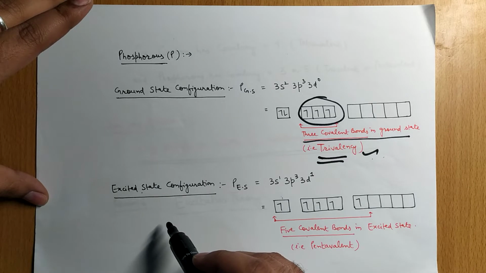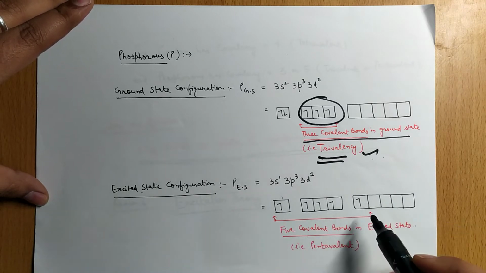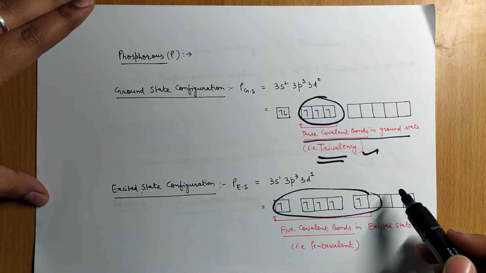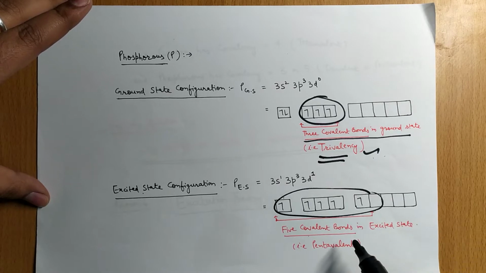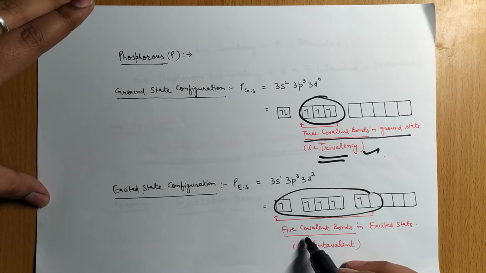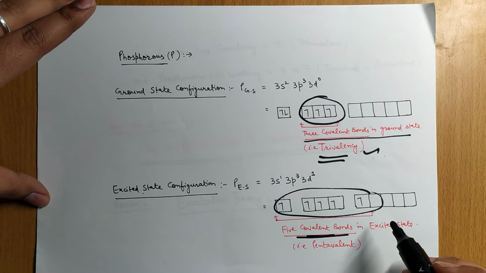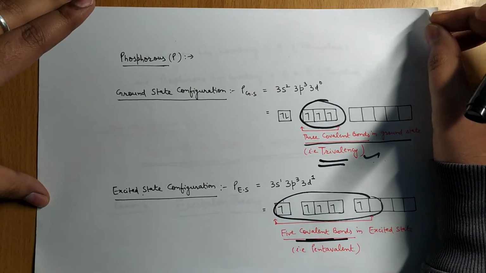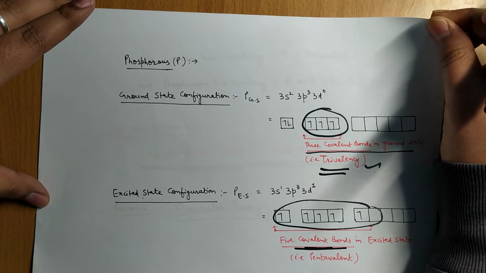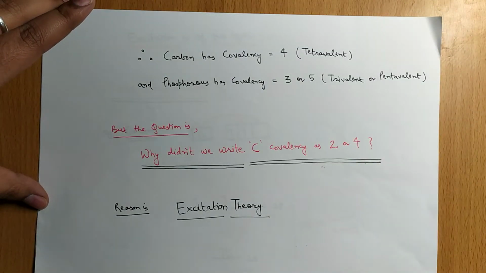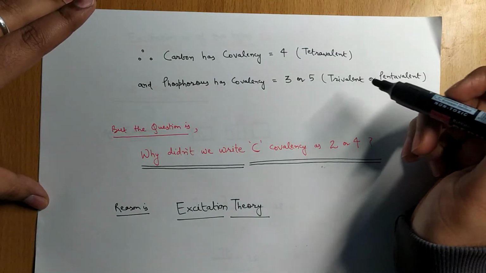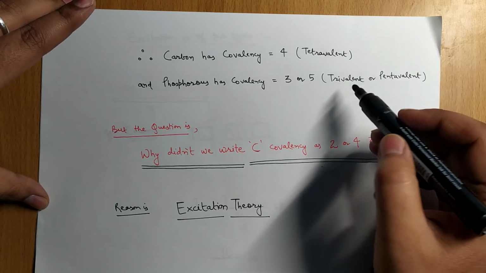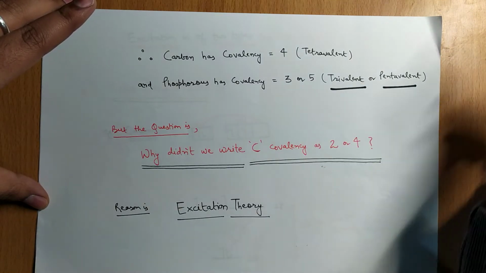And in its excited state, it will have five unpaired electrons, that is, it will form five covalent bonds. So by this we can say that carbon is tetravalent in nature and phosphorus has covalency equal to 3 or 5. That is, it is trivalent or pentavalent in nature.